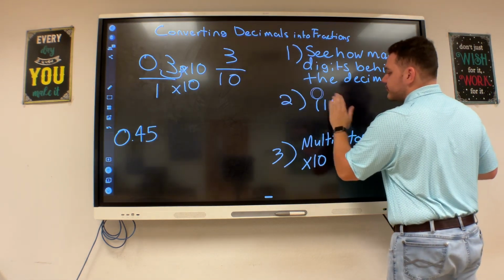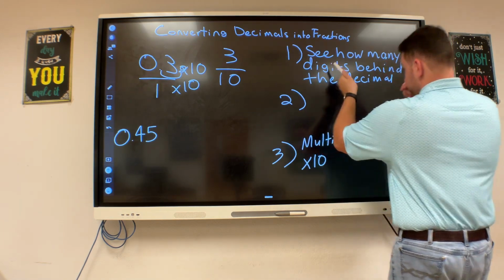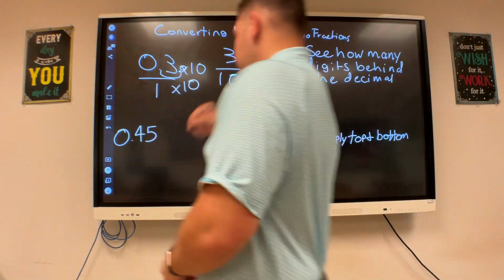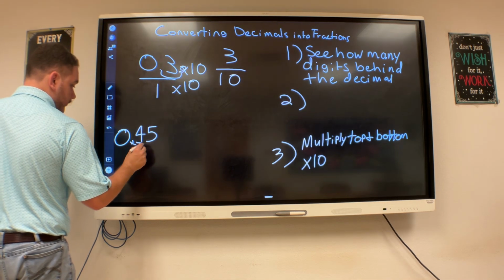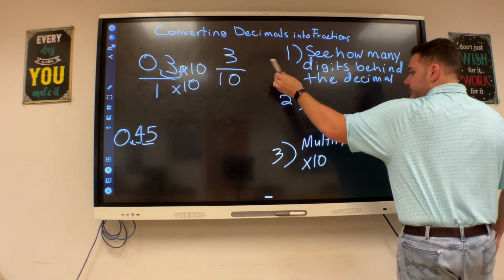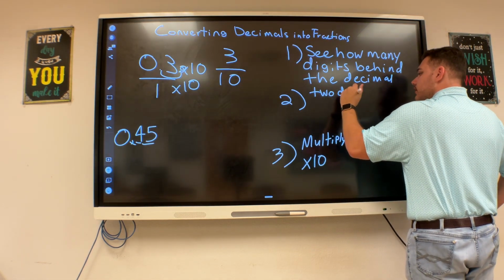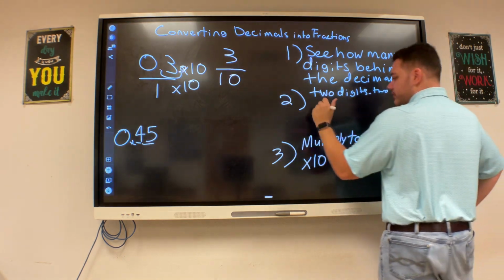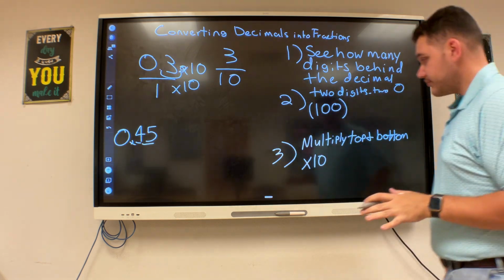So now we're gonna do number 2, where we have 0.45. We go through step 1. We see how many digits we have behind that decimal point. In this example, we have our decimal point right here, and we have 2 digits. This one we had 1 digit, 1 zero. Now we have 2 digits, so we're gonna have 2 zeros. So now we're talking about 100.